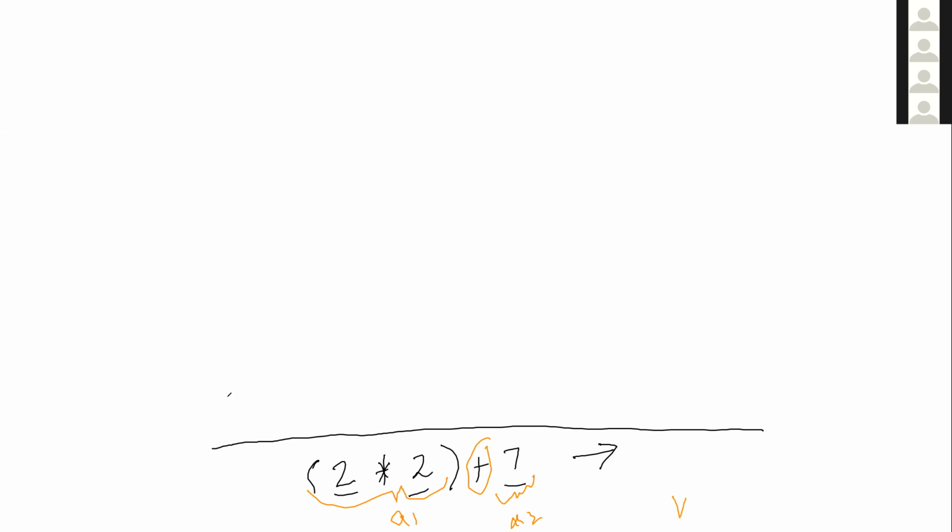And so the rule says, okay, take 2 times 2 and see what that evaluates to. That's my A1. And then over here, see what 7 evaluates to.